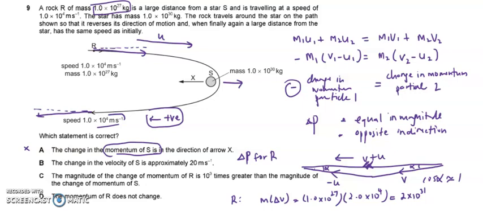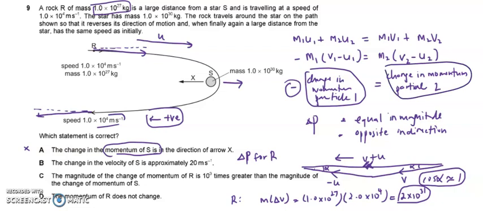For B, the change in velocity of S is approximately 20 meters per second. So if the change in momentum for R is this much value, and this is approximate because we approximate the angle to be small, and then cos alpha is 1. All right, so they have the same magnitude. The change in momentum must have the same magnitude.